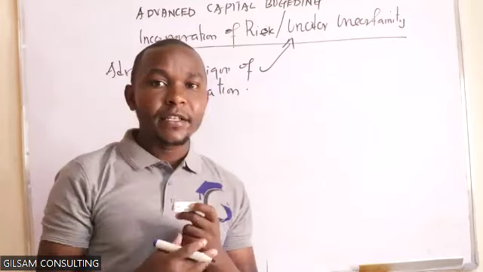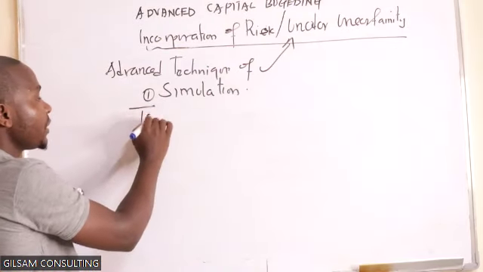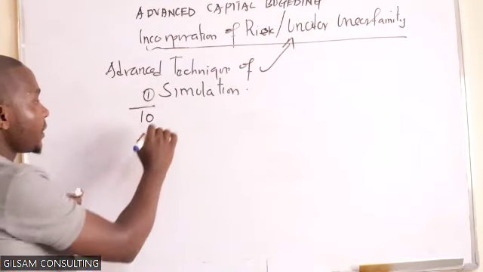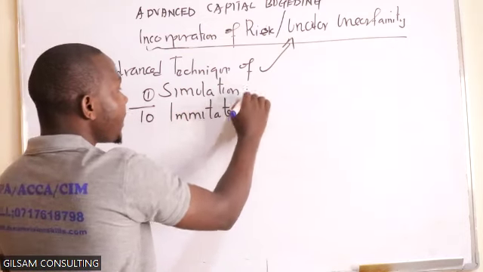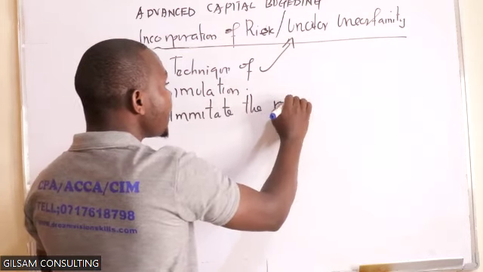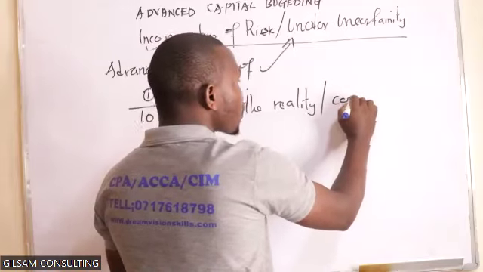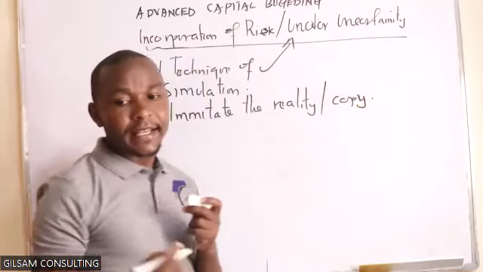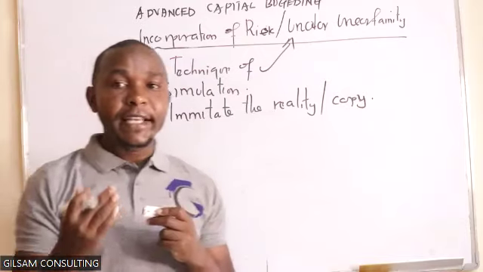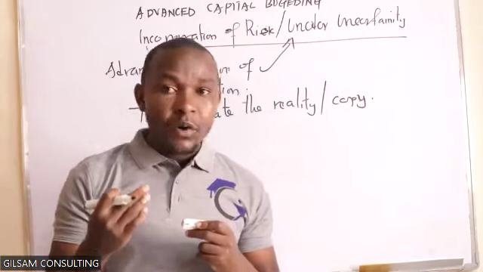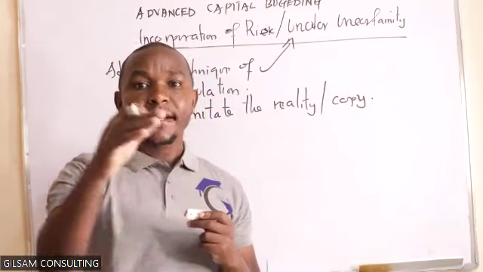If we define what a simulation is, it is simply to imitate the reality, or to copy the reality. In this case, the examiner will need us to know the range, because they will give us the random numbers.